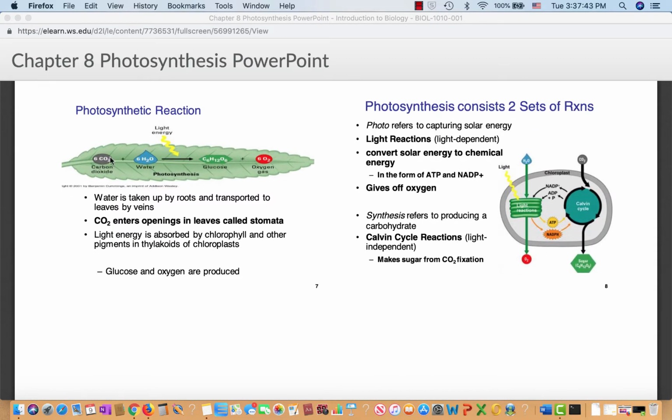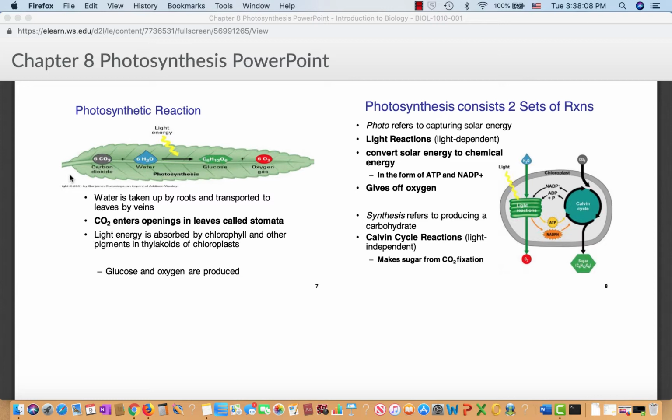So again, you've got this photosynthesis reaction. You flip this the other way: oxygen plus glucose yields water and CO2.